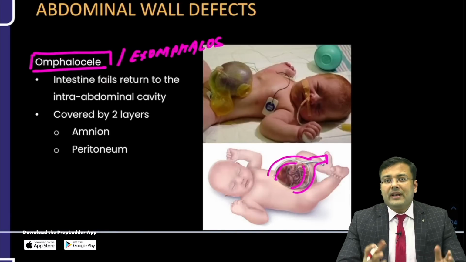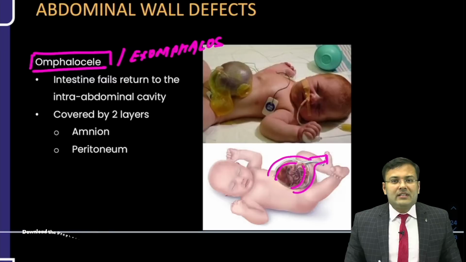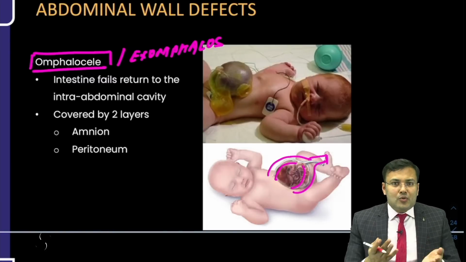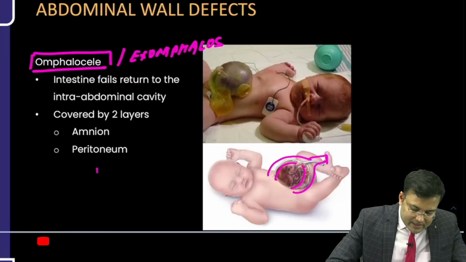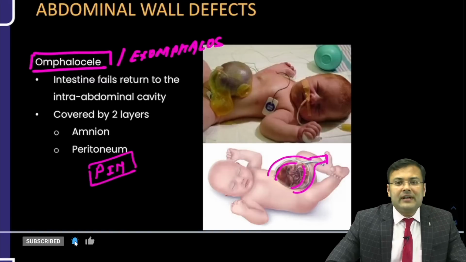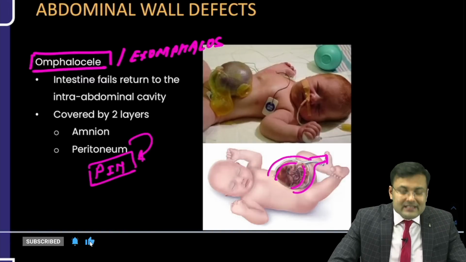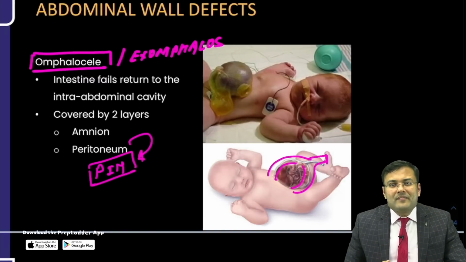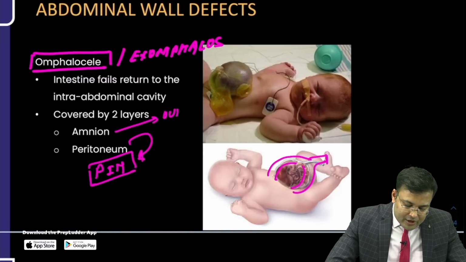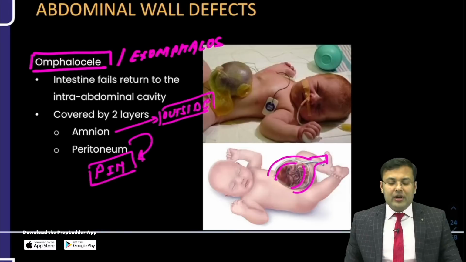How to remember? Pin. Whenever somebody is going to show you money, paisa in. So peritoneum is in, pin. You will not forget it throughout your life. Peritoneum is inside, amnion outside.